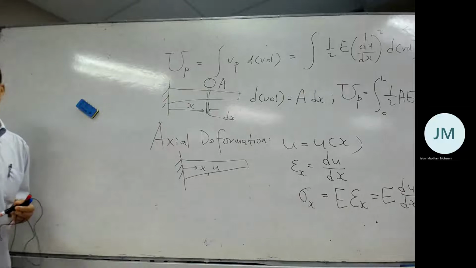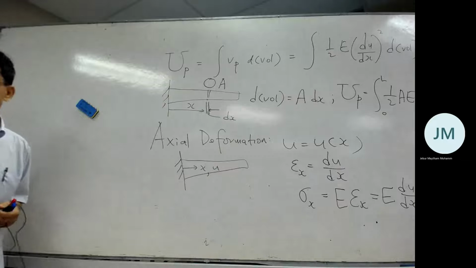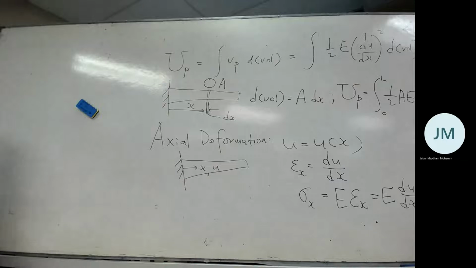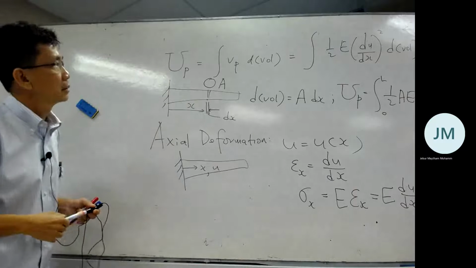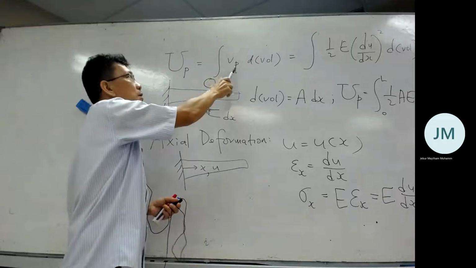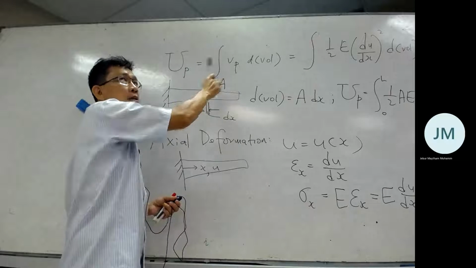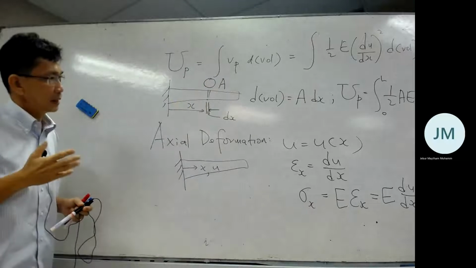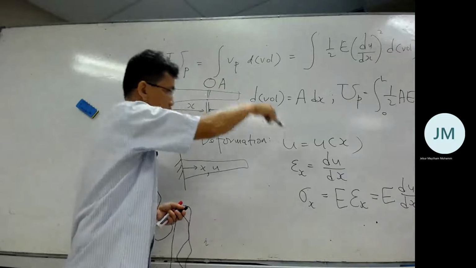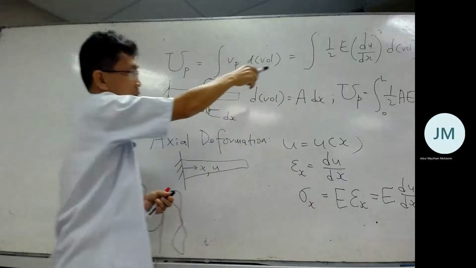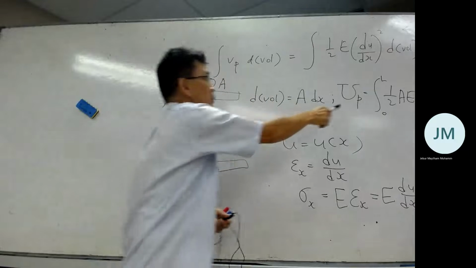So that is the first equation that we want to derive. We start from the definition of strain energy, apply it for the case of linear elastic materials, and go through this process, and finally we get to these equations.